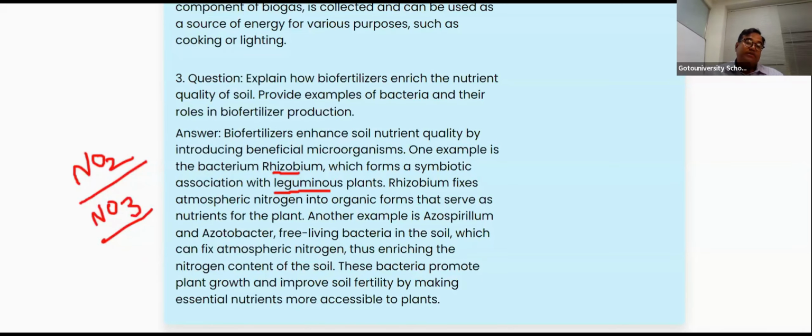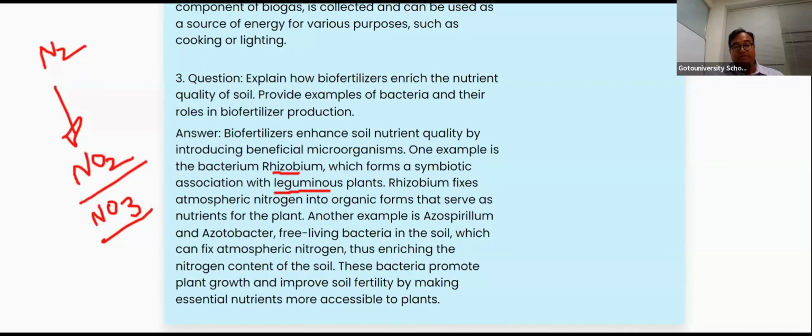While growing along with the root of the leguminous plant, it produces nitrite and nitrate by using atmospheric nitrogen, which is taken by the plant root very easily.